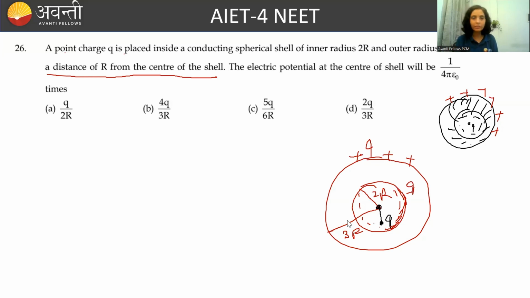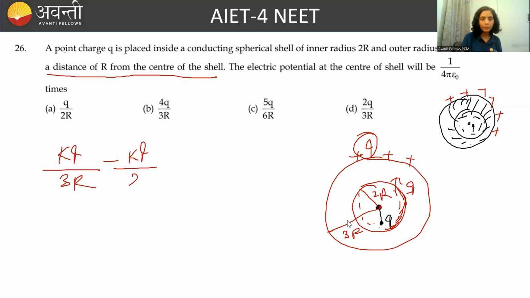Now, what will be the potential at the center? Potential at the center because of the outer charge will be KQ by 3R. Because of the negative charge, minus KQ by 2R.